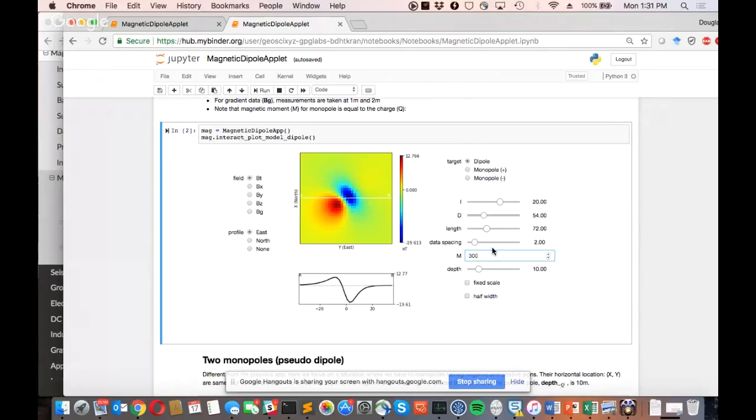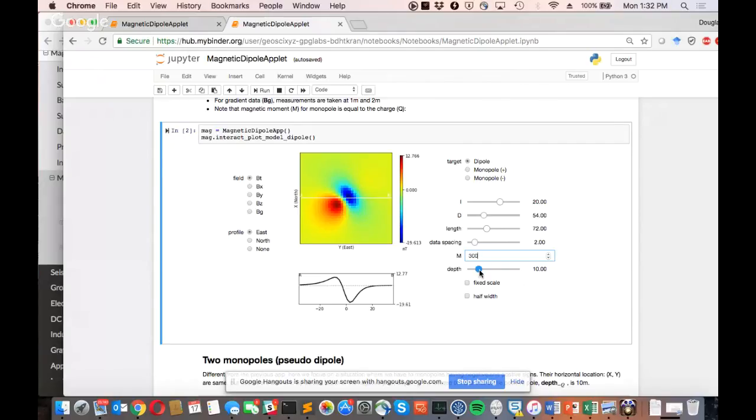Then there's also a depth of burial. The depth of burial is the distance between the center of the magnet and your instrument. When you go down to the beach, you're going to have a sensor almost 2 meters above the ground, and an object here that is below.